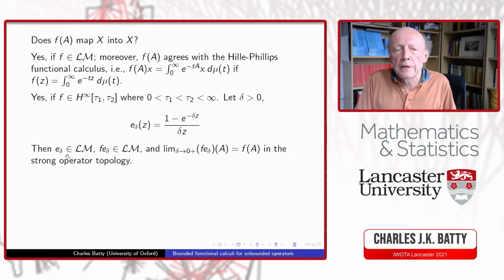And then the e_δ's are also in the Hilbert-Phillips algebra. f times e_δ is in the Hilbert-Phillips algebra. And their limit in the strong operator topology is equal to f(A). This takes some checking and going through things, but it all works. And since the f e_δ's all map X into X, and we have this limiting property here, then f(A) must also be mapping X into X.